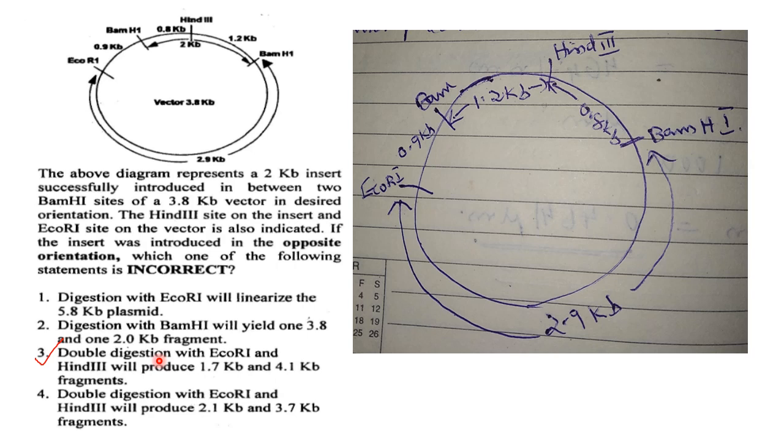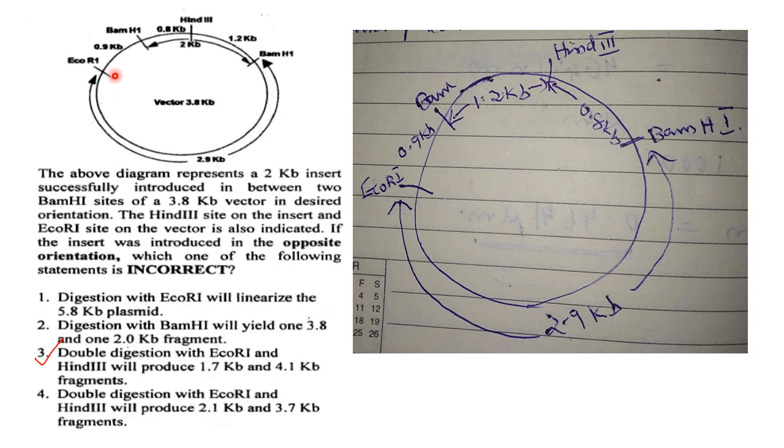Then double digestion with EcoRI and HindIII will produce 1.7 kb and 4.1 kb fragments. So with HindIII and EcoRI you are digesting. This is the case where the gene of interest is in the right orientation, not in the opposite orientation.